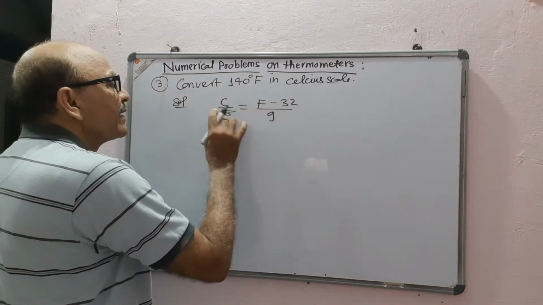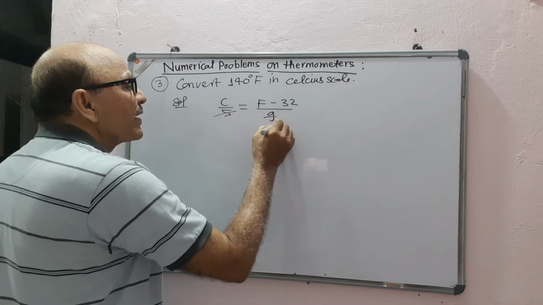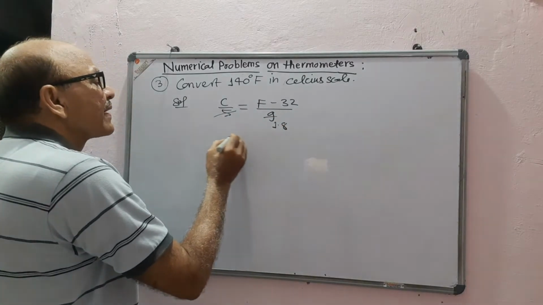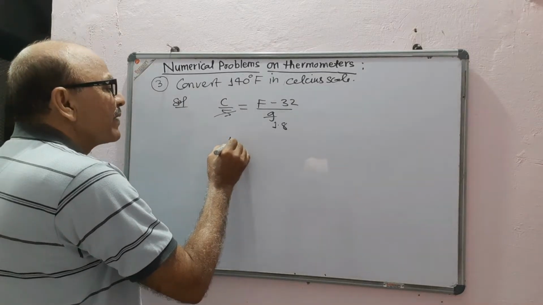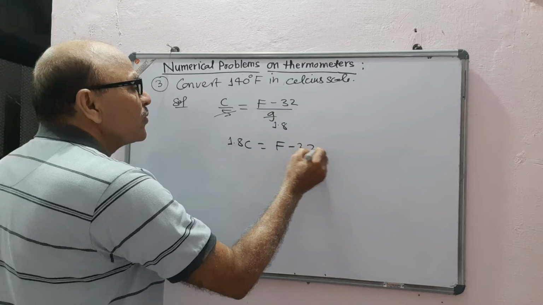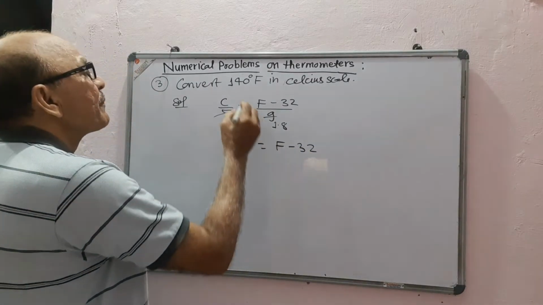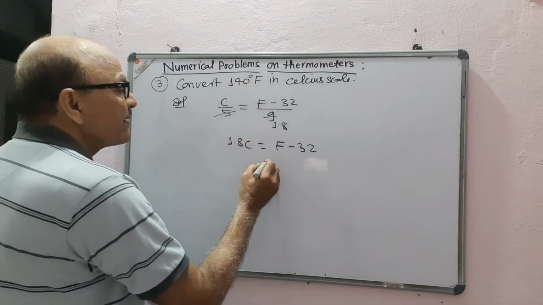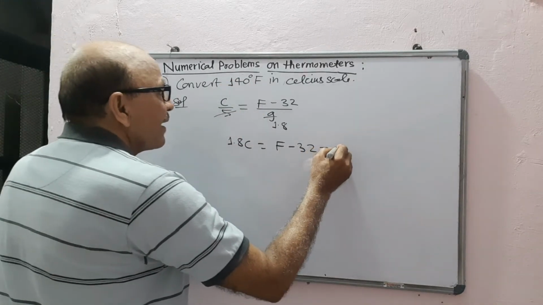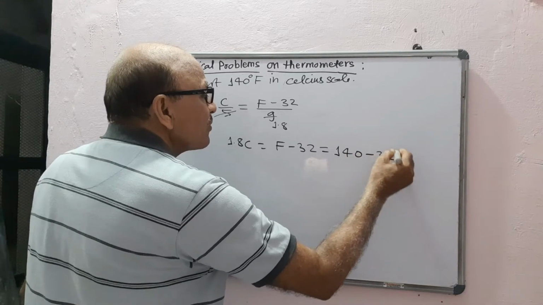If you divide, 1 upon 1.8 C is equal to F minus 32. F is here 140, so this is 140 minus 32.